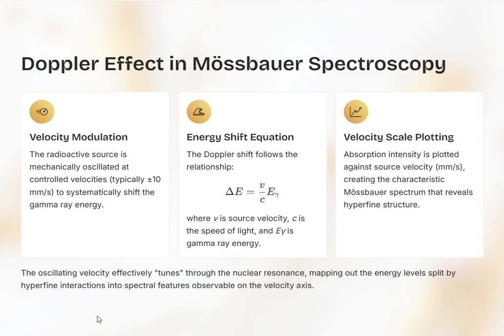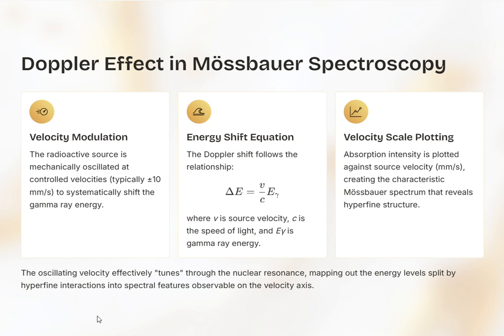Suppose you have a frequency detector in your hand, and the car is approaching towards you. What happens? Yes, frequency will be increasing. Also, when the car is moving away from you, the frequency is decreasing. This is what the Doppler effect is. Doppler effect means when the source is closer, the frequency will be increasing. When the source is moving away, the frequency will be decreasing.